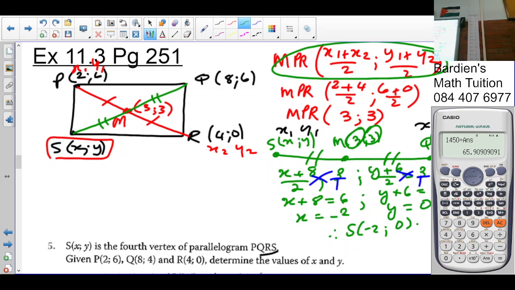Right, Faye, how did you get that? You got the midpoint to be 3 and 3. Right, so this is right. Then what did you do from there, Michael?